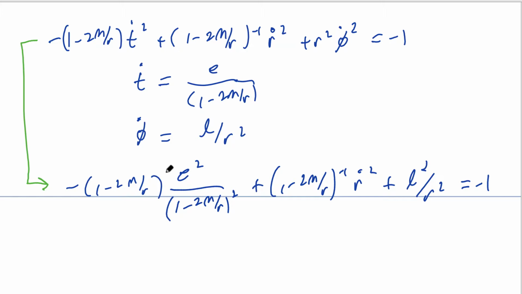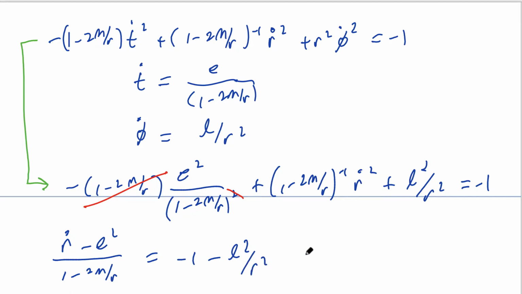Now we can cancel this factor in the numerator with one of these factors in the denominator, and what we're left with is r dot squared minus E squared divided by (1 minus 2m over r) equals minus 1 minus L squared over r squared.